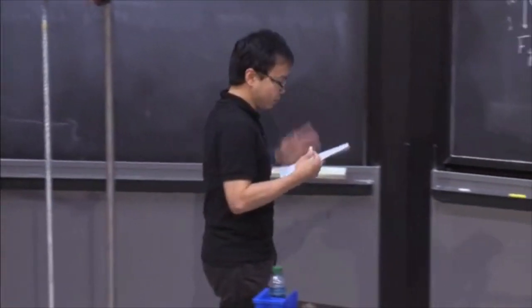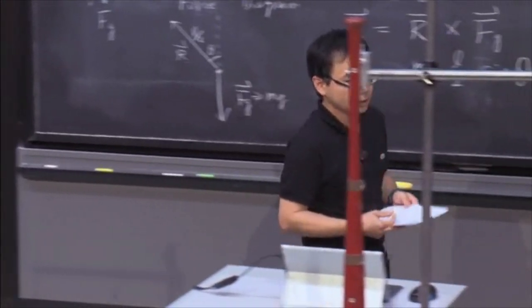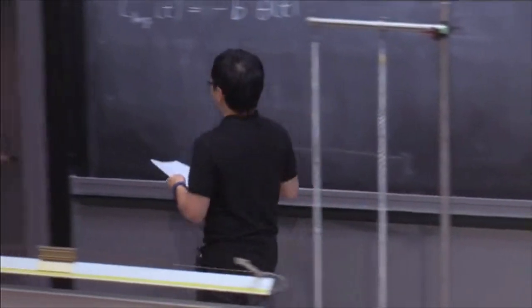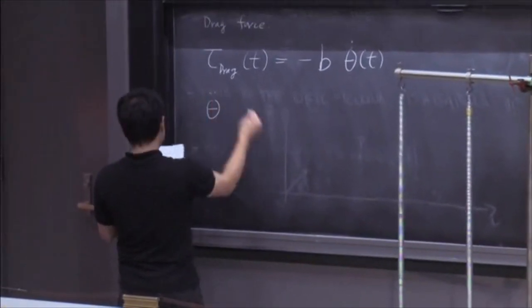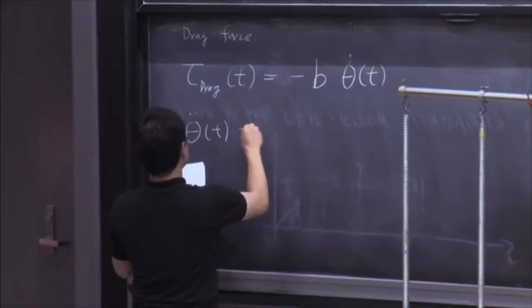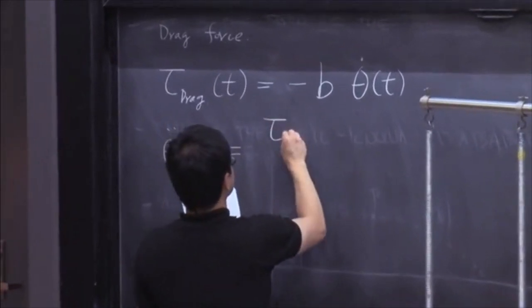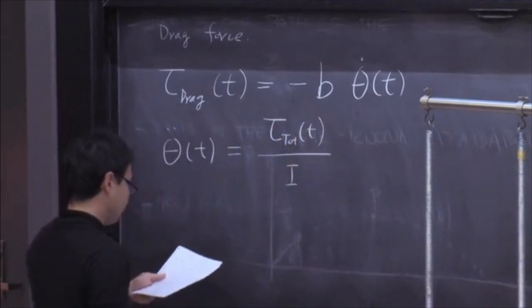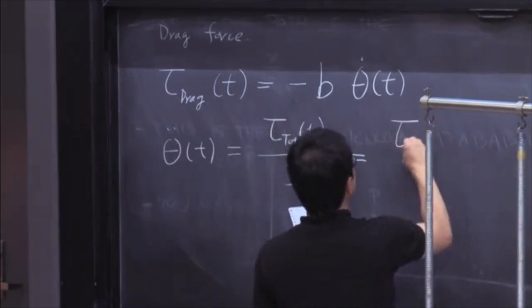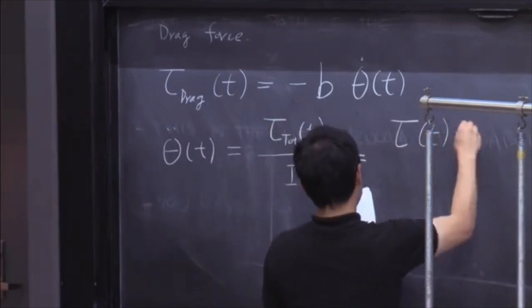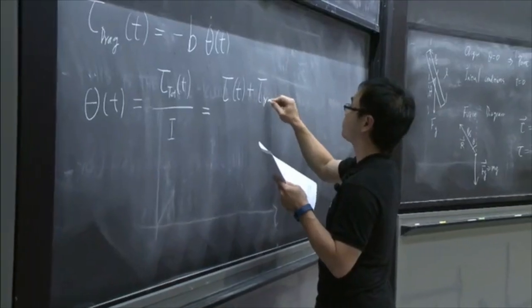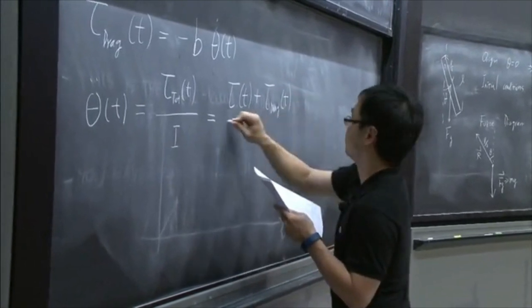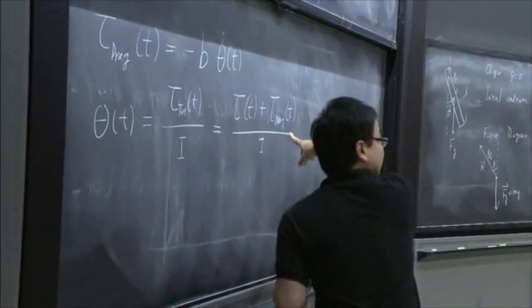And once we have introduced this, the equation of motion will be modified. So let's come back to the equation of motion. Originally theta double dot(t) is equal to tau total(t) divided by I. Now this becomes tau(t) plus tau drag(t) divided by I. There's an additional term here.